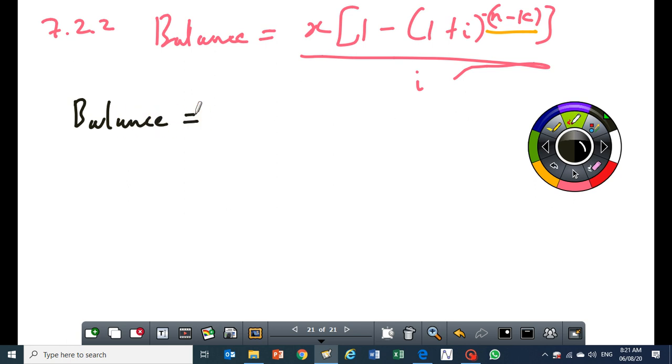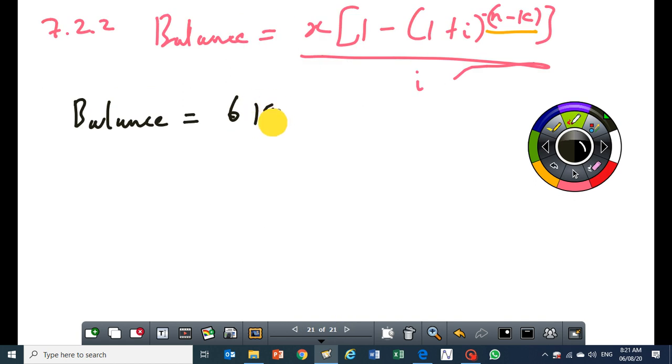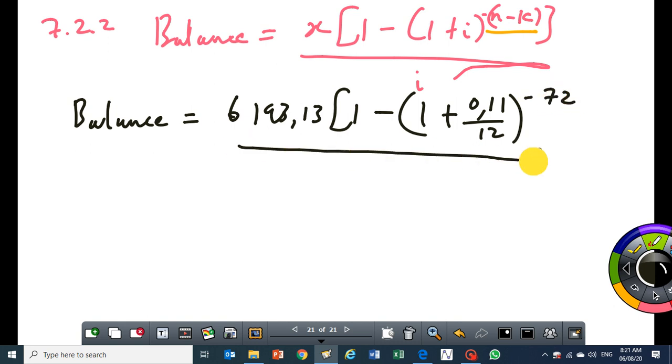So balance equal to x is 6193,13 times 1 minus 1 plus the interest is still 0,11, the interest didn't change. That will give you minus 72 all over 0,11 over 12.